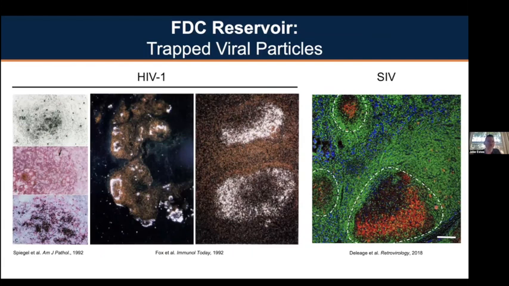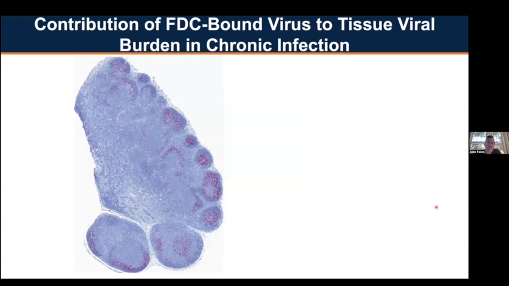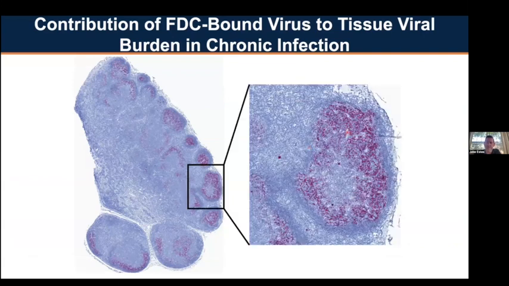within SIV infected animals. And so we asked the question: if we were to quantify the total amount of the virus that's bound to the FDC compared to the total amount of viral RNA contained within productively infected cells in a chronically infected animal, what was the difference in the tissue viral burden?